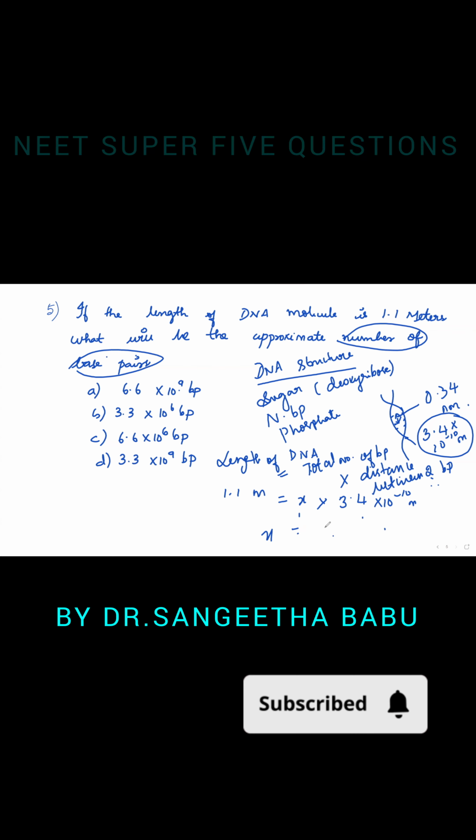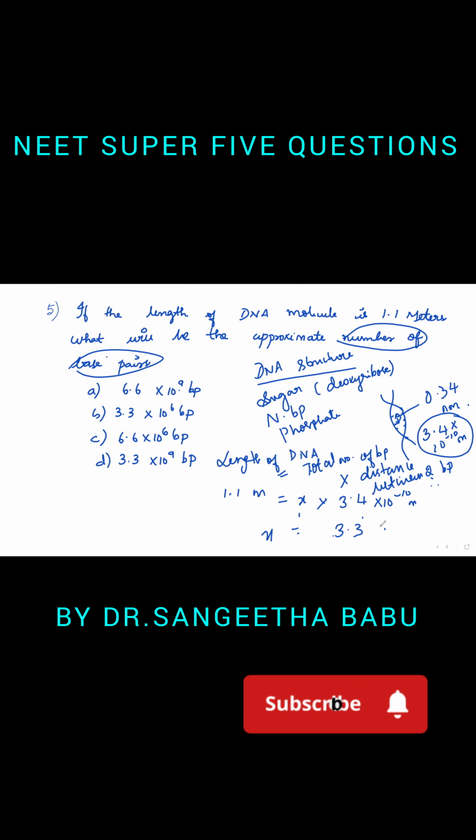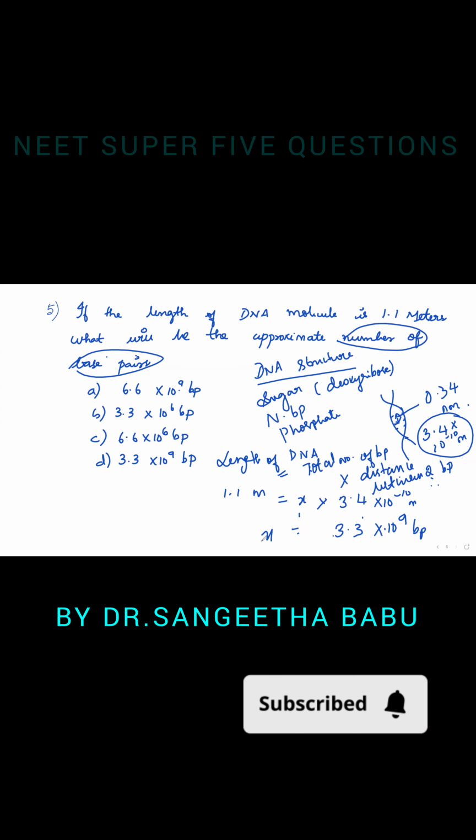So approximately x equals 3.3 into 10 to the power 9 base pairs. This will be the answer, option D. So 3.3 into 10 to the power 9 base pairs will be present if the length of the DNA molecule is 1.1 meter.